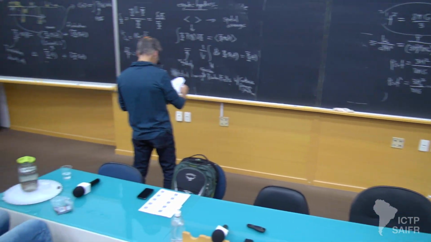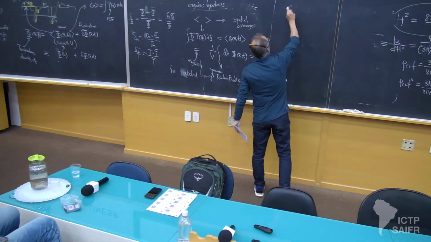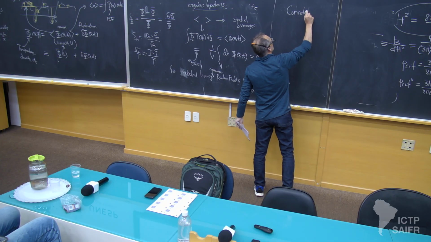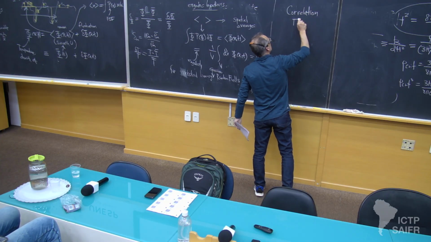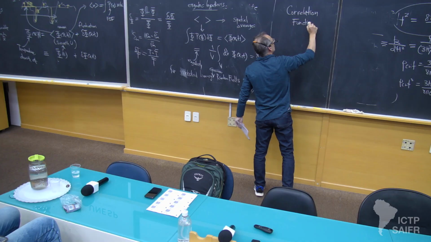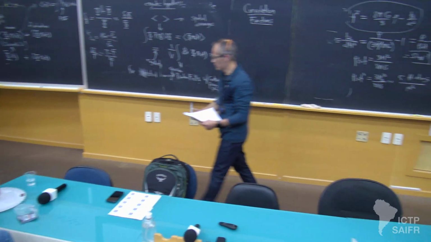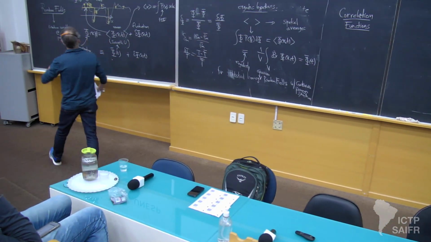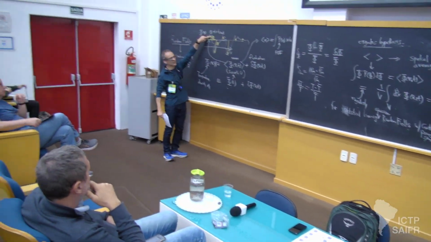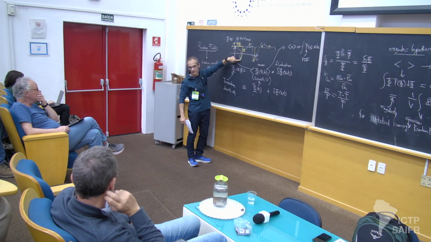Okay, so now let's get into the statistical way we describe the universe, right? As I said, in cosmology, we cannot predict where here we will be above the mean and here we will be below the mean, okay?